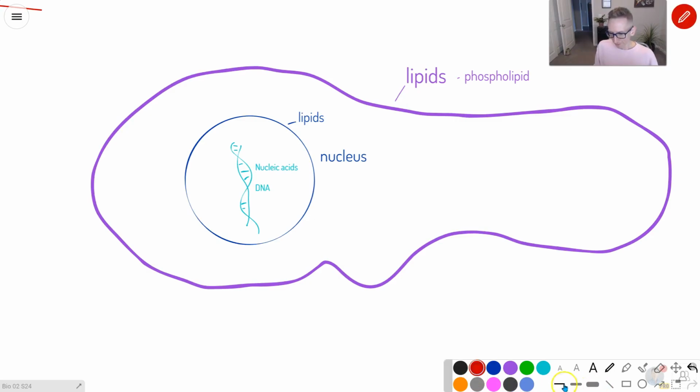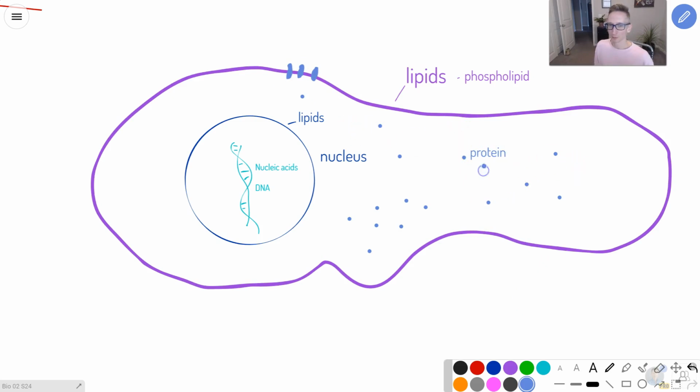Then floating around, we've got all different kinds of shapes and sizes, but we'll just draw a bunch of little dots. Maybe up here we've got a more globby looking dude. These things are protein.